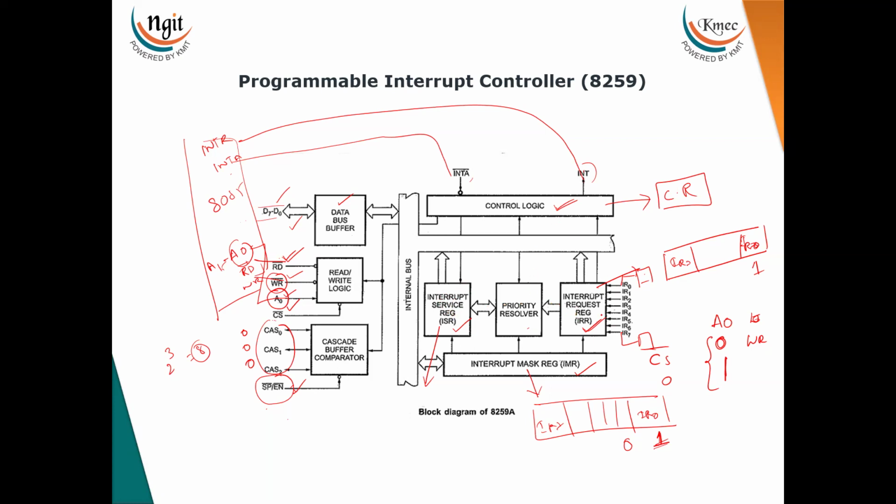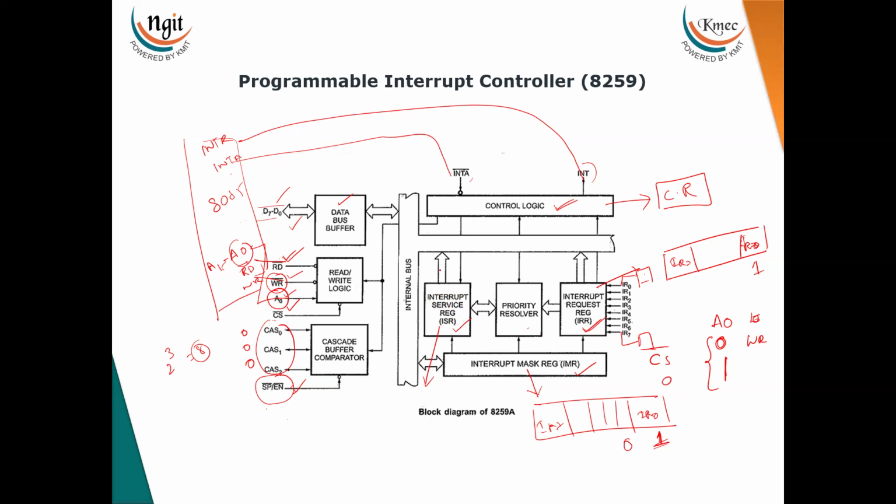Whenever the interrupts are generated through this INT, it will send the interrupt request to the 8085. In response, the 8085 will send the acknowledgement signal to the INTA. After receiving the acknowledgement signal, the highest priority interrupt that should be served will be set here.